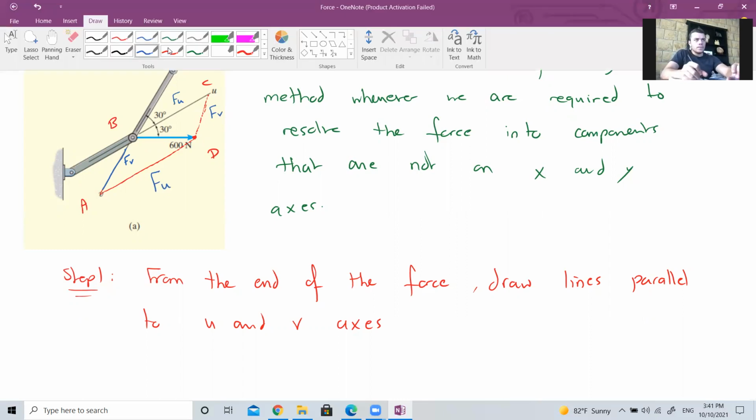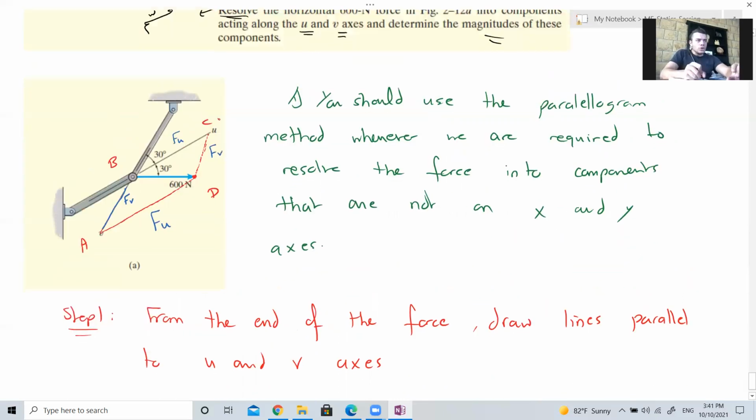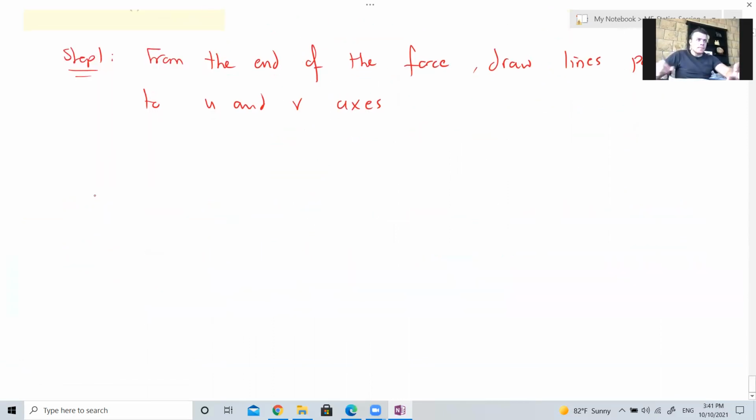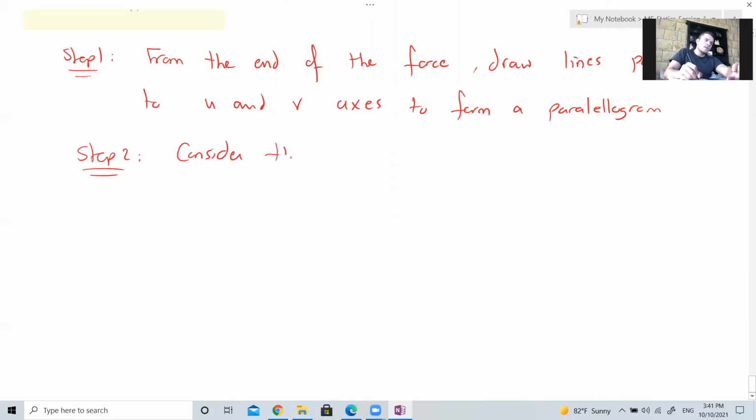Step 2, as before with the parallelogram, consider the triangle that contains FU and FV.